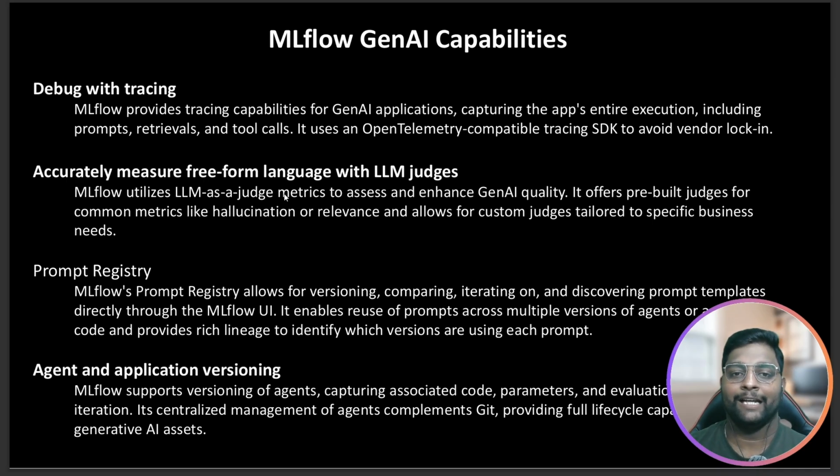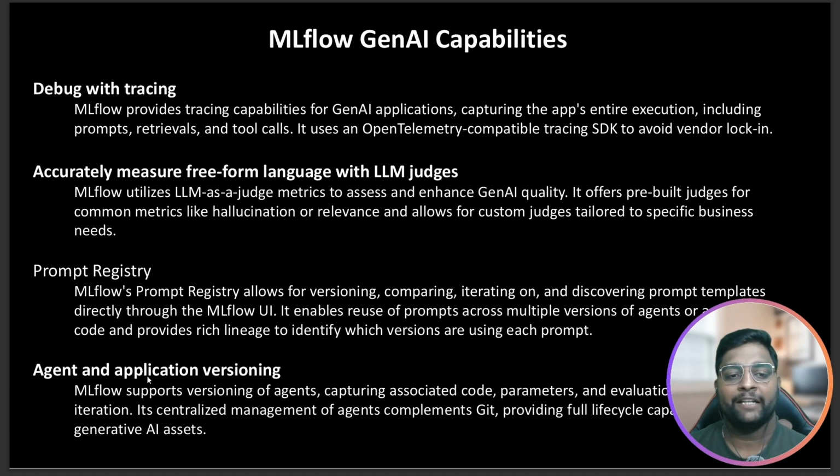So they have an LLM judge internally, which can trace, and it can even find out if there is a hallucination in that particular response, and whether it's not relevant to the question. Prompt registry. MLflow's prompt registry allows for versioning, comparing, and iteration, as I told you earlier.